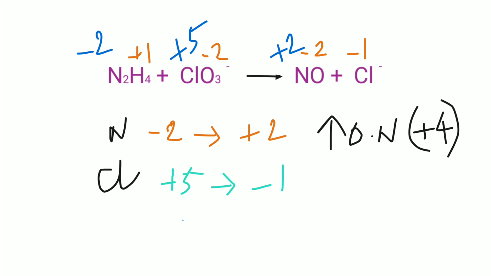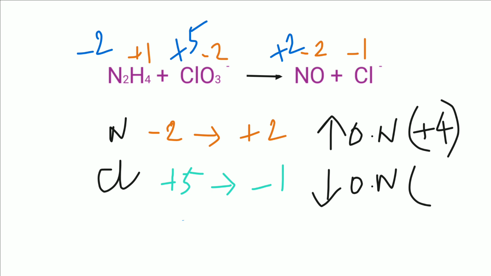In chlorine, the oxidation number changes from +5 to -1. Therefore, a decrease in oxidation number takes place, that is reduction. By how much does it decrease?